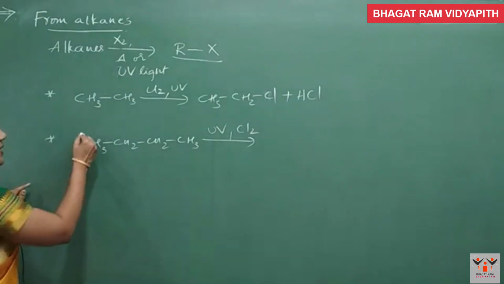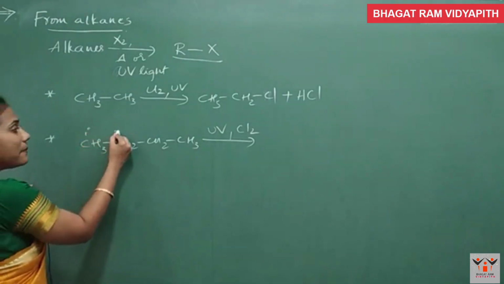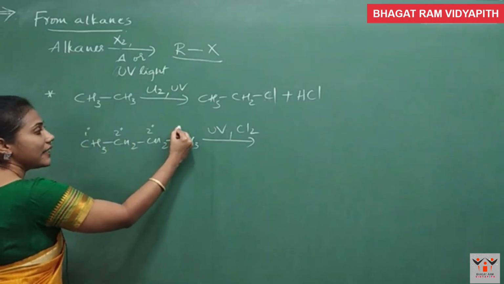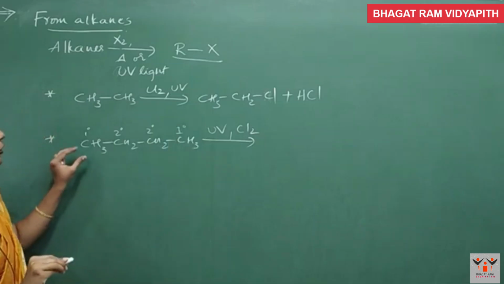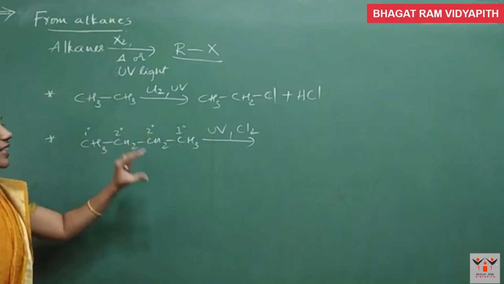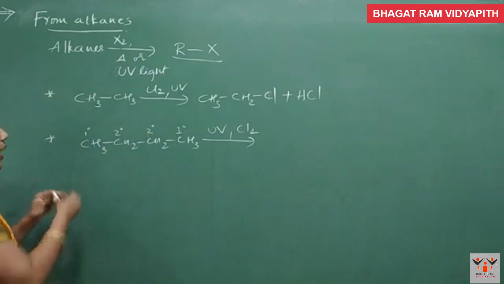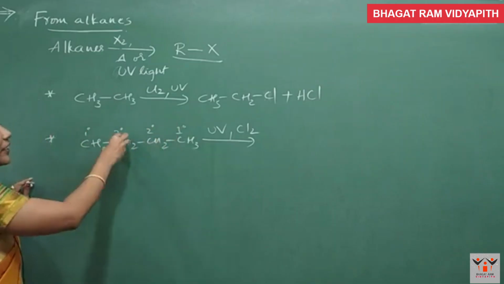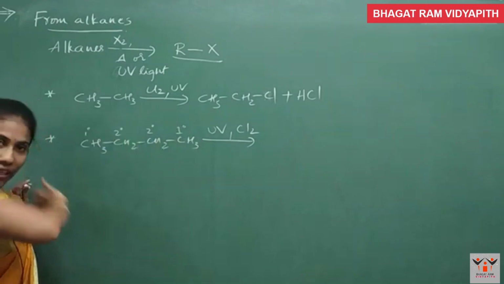See, let's understand this. What type of carbon is this? Primary, right? And this carbon is secondary, this carbon secondary, and this carbon again primary, right? So you have primary carbons of one type and secondary carbons of one type. So hydrogens of primary carbon are of one type, hydrogens of secondary carbon are of another type.